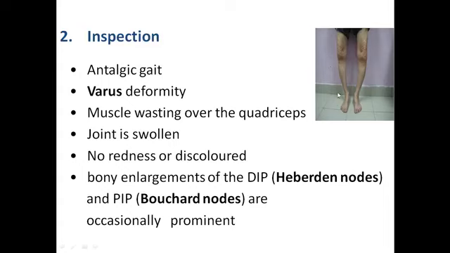Then there is bony enlargement of the DIP joints, the Heberden's nodes, and the PIP, proximal interphalangeal joint, so-called Bouchard's nodes, which are occasionally prominent, but not invariably. We find this sort of nodule in the hand joints in osteoarthritis.